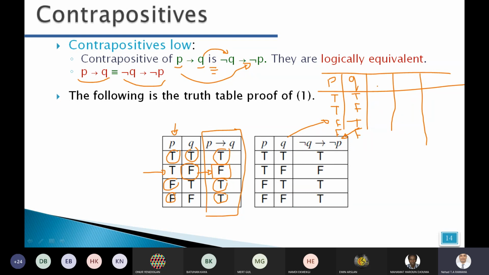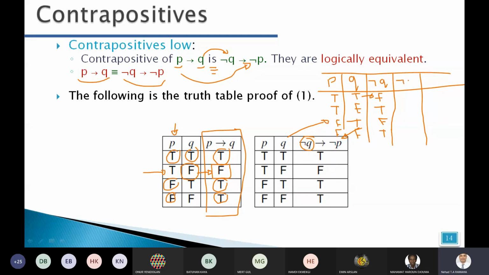This is all possibilities. Now, not Q. I will bring Q first because it's the first term in this implication. So, not Q, which is here true become false, false become true, true become false, false become true.